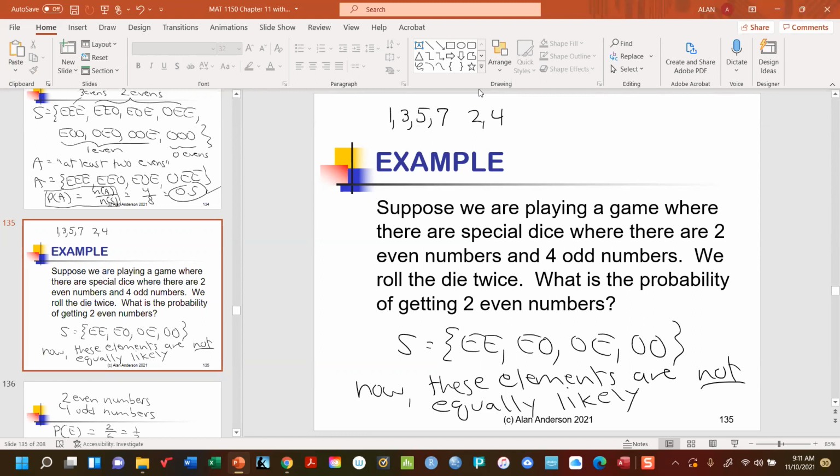There's no 6, there's a 7. And so therefore, the chances of getting an even, instead of being 1/2, is 4 out of 6, which is 2/3. And therefore the probability of getting an odd number is 2 out of 6, which is 1/3.